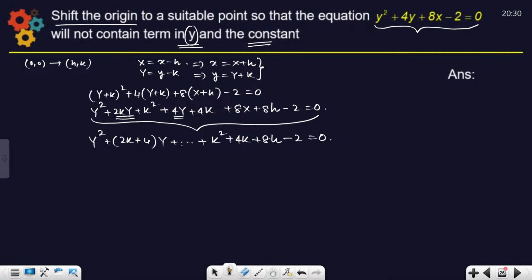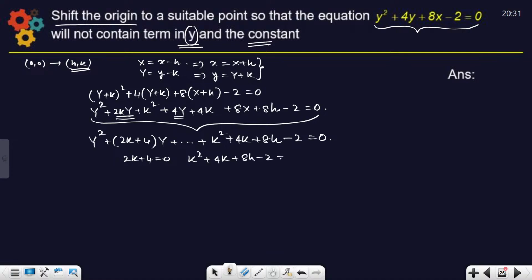I have not written the other terms because I don't need them. I simply have to find the values of h and k. For that, I need two equations, and in the question they have already said that the equation will not contain any term in y and the constant. So whatever constant we got and the coefficient of y will be equal to 0.